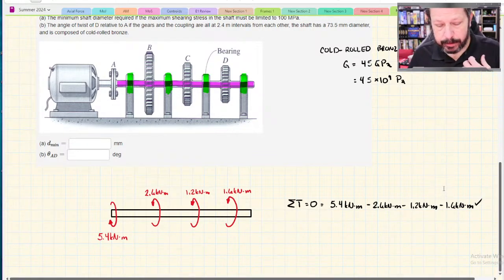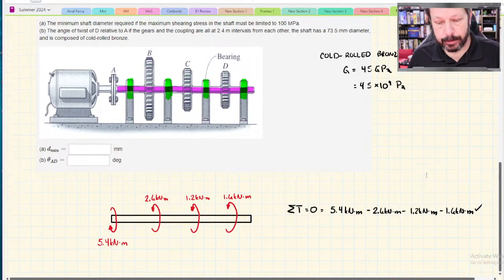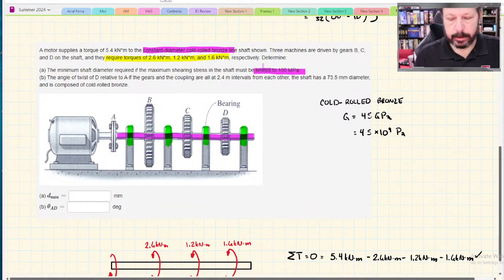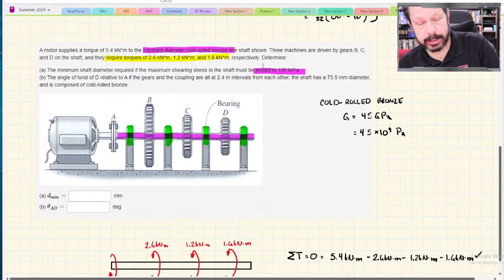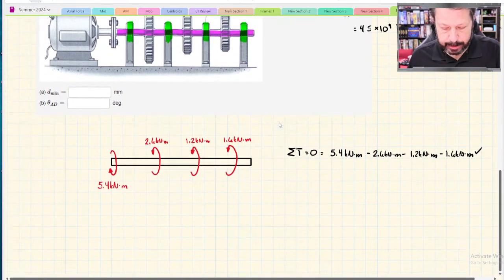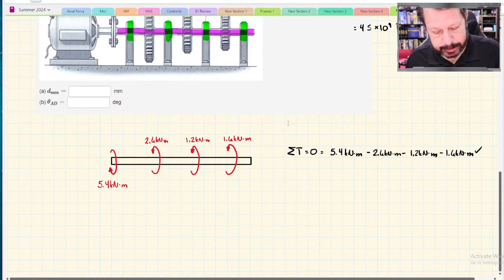The problem, though, wants me to calculate how big I need to make this pink shaft, I colored it pink, in order to limit the torsional shear stress in that shaft to 100 megapascals. So we could do several different things here.